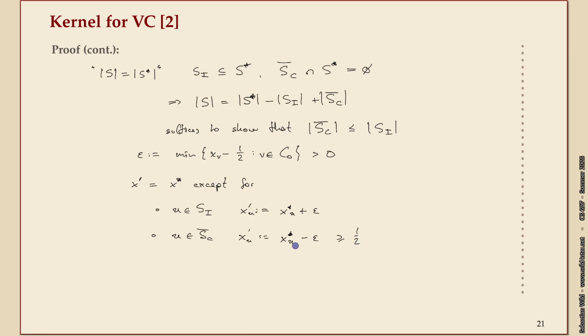And we know that this leaves the value at least 1/2 still, because epsilon was chosen so that for all of those there's more than that of slack. Yeah, epsilon is greater than 0, but then the difference is greater or equal 1/2. Okay.